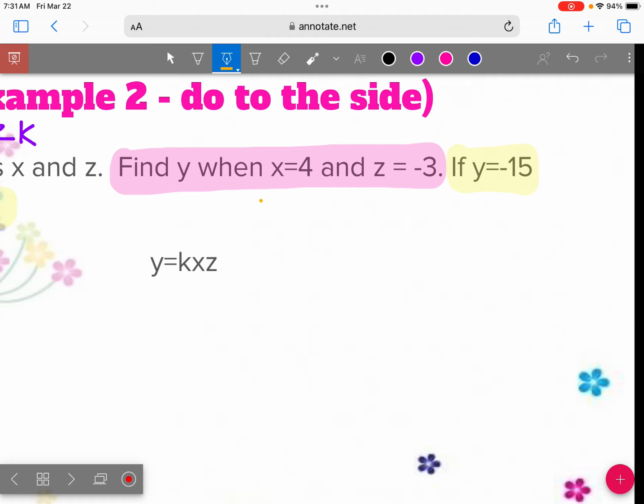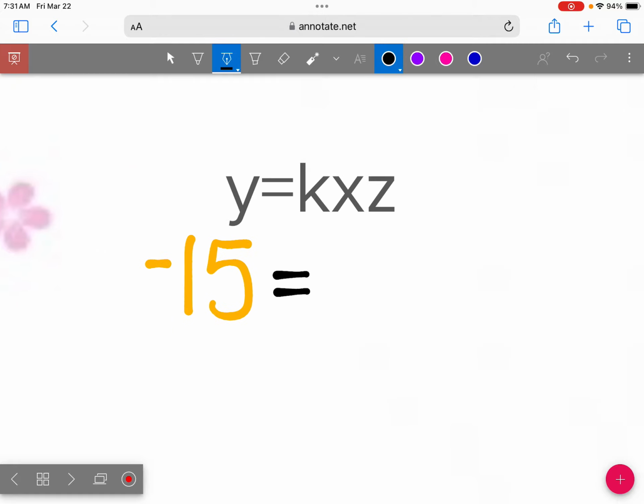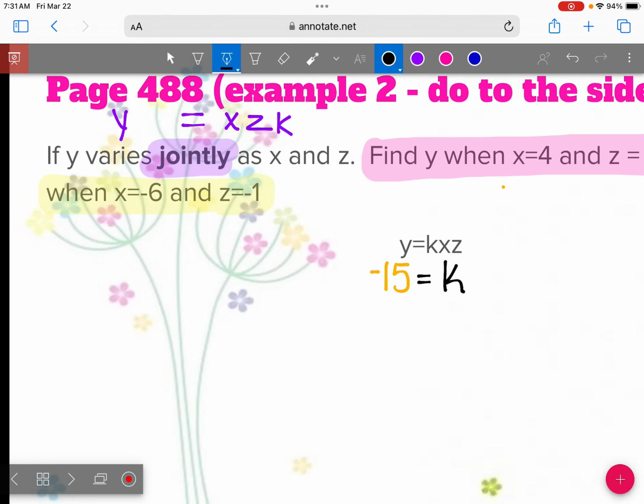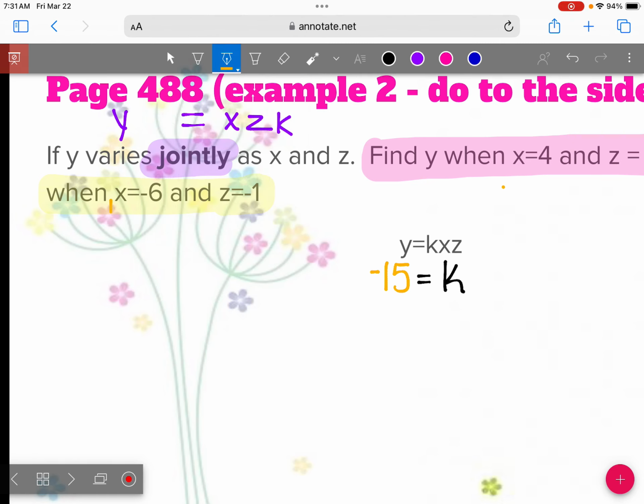So I'm going to start with my y equals negative 15 equals some number k. We don't know it yet. When my x is negative 6 and my z is negative 1.